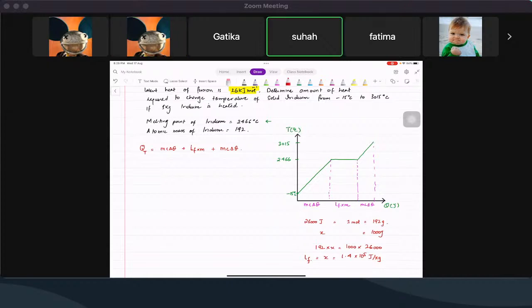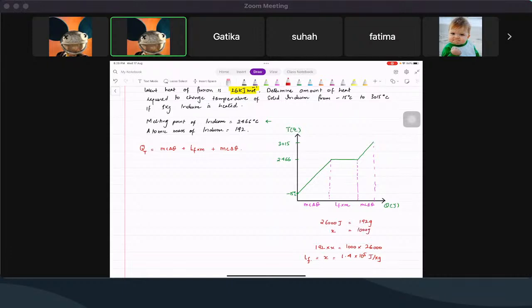So could you just repeat the last part, with the moles and all? Yes, okay. So let me do it nicely then. What I'm claiming is that 26,000 joules is equivalent to 192 grams. Why am I saying this?